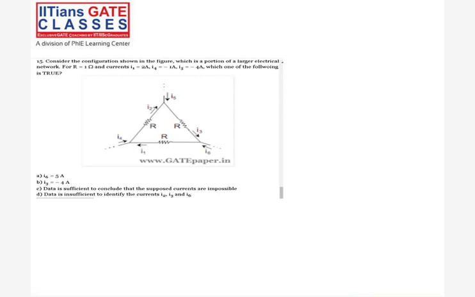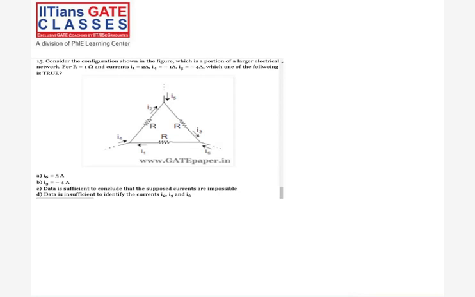Any answers? So again, what is KVL? Everyone look here. You can solve the next problem.